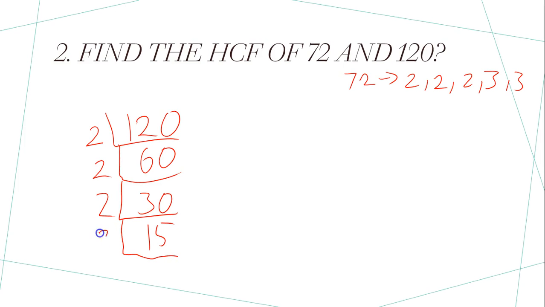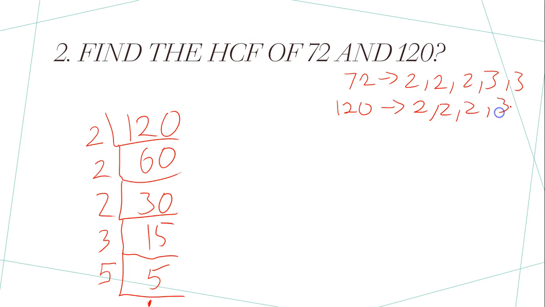Yes, 3 works. It makes it 5. 2 doesn't work for 5, 3 doesn't work for 5, 5 works for 5, and then we put a 1 here. So we can say 120 equals 2, 2, 2, 3, 5, right?